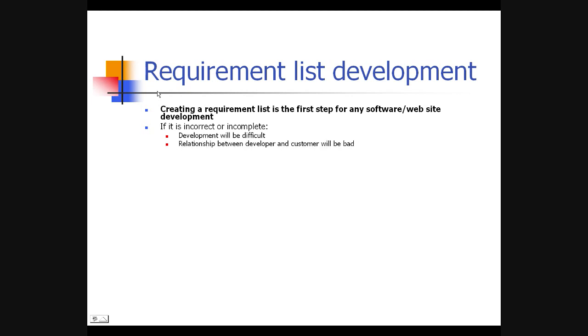The relationship between the developers and the customer will be bad. Clearly, if everything is not defined, you're going to do something and it's not what the customer needs, so he is going to tell you, it's not what I wanted, that's not what I told you, and you're going to say, well, that's what I understood, and so on and so forth. If it's not defined precisely, you're going to get in trouble.